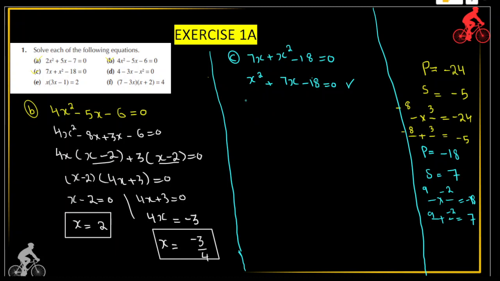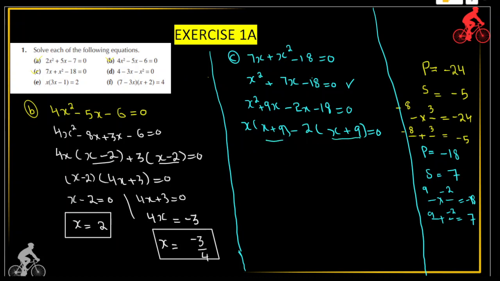So now x square plus 9x minus 2x minus 18 is equal to 0. So what common may we have? x plus 9 and minus 2 common, and then again x plus 9 is equal to 0. Now I believe it is super easy for you to find the values of x.